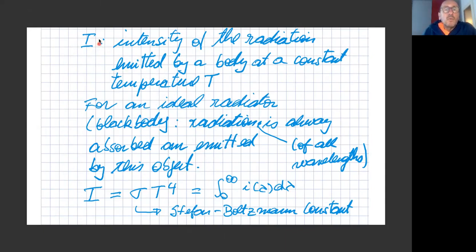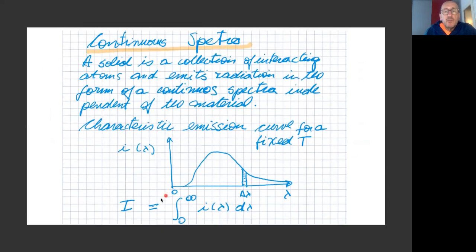I is measured in watts per meter squared. So you have a surface that is at a certain temperature, and that surface emits radiation. This is the I that quantifies that. It usually has a spectral distribution like this: zero here and zero at long wavelength, and it has a maximum in between.